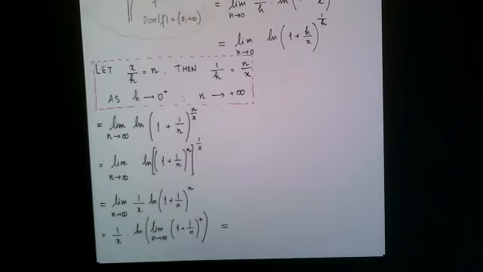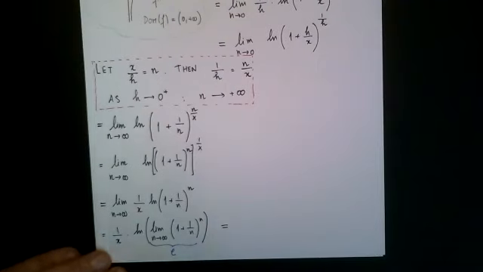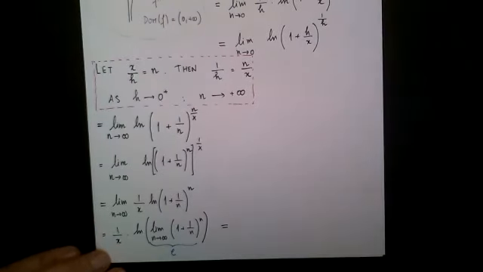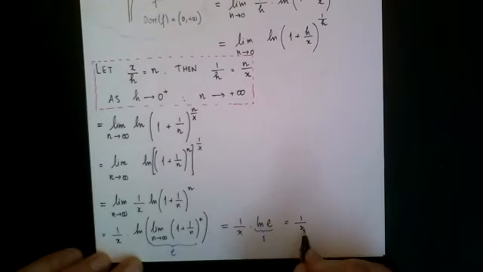Well, that's e. So I have 1 over x times ln of e. ln of e is 1. So I have 1 over x times 1. And I just showed that it's 1 over x.